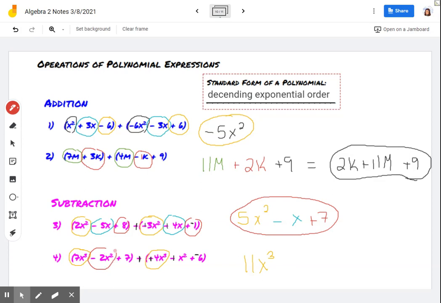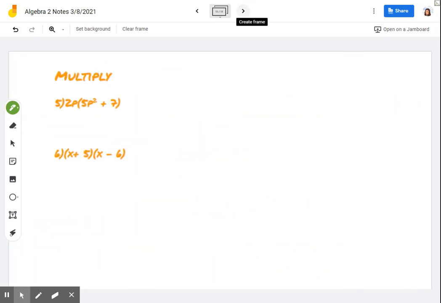Negative 2x squared plus x squared is negative 1x squared. And last one's for constants. I have positive 7 and negative 6, which will leave me with a positive 1. So here I have a cubic trinomial. So it's adding and subtracting. Not too bad. Let's go on to multiplying.